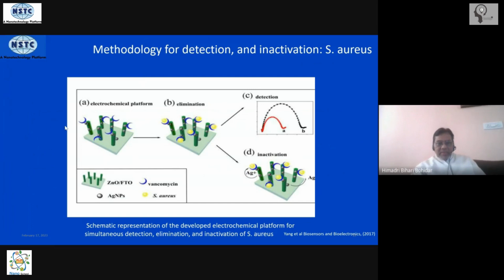And the bacteria in this particular case is S. aureus here. When it binds to this, it's not only that the current changes because of the change in the electrochemical potential of the electrode, but when the bacteria comes in contact with this antibiotic compound and also silver nanoparticles, it undergoes death.